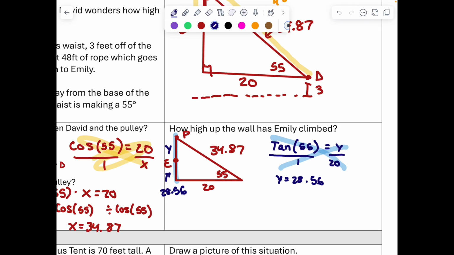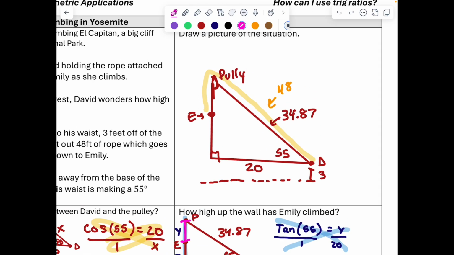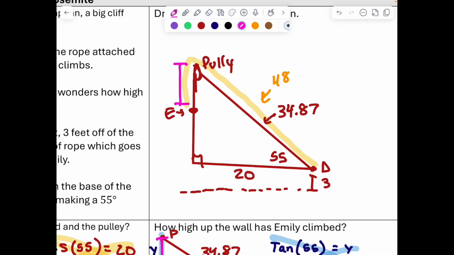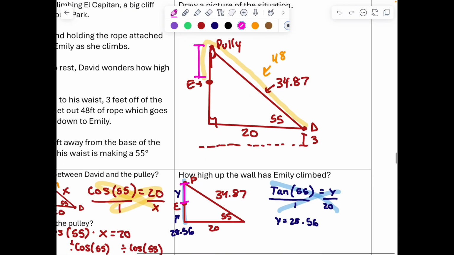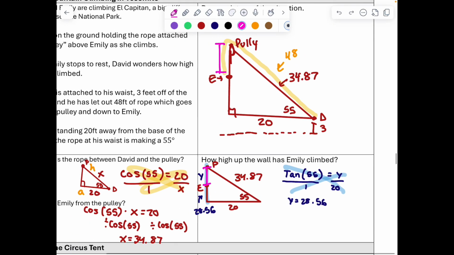Okay, maybe we should figure out this distance right here from the pulley to Emily, I'm going to do that in a different color. This distance right here from the pulley to where we think Emily is. We knew that the rope is 48 long, right? And that goes all the way down to Emily. So maybe what we can do is we know this much of the rope is 34.87.